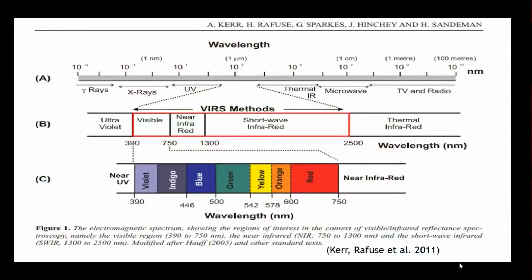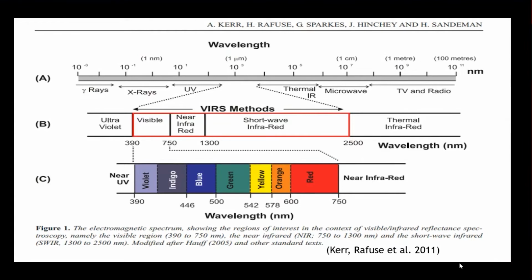So for those new to the technology, in the previous slide, I was talking about the ultraviolet and the shortwave infrared regions. Our field spectrometers are what we call full range, so from 350 to 2500 nanometers. So we cover the ultraviolet, the visible, near, and shortwave infrared.